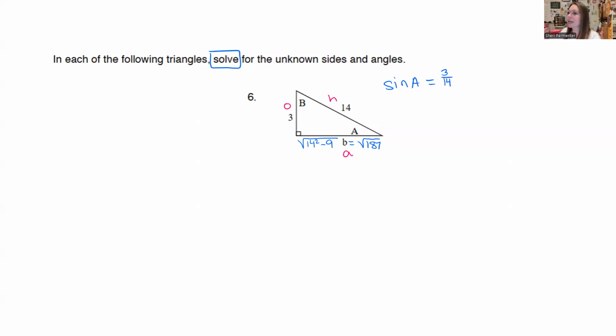Inverse will find angles. So I am going to bring over the sine, and I'm going to leave the angle because my goal is to find what is angle A. And I'm going to have inverse, which is a little -1 of 3 over 14.